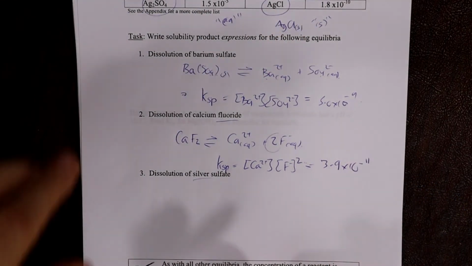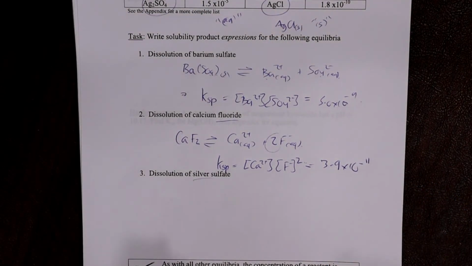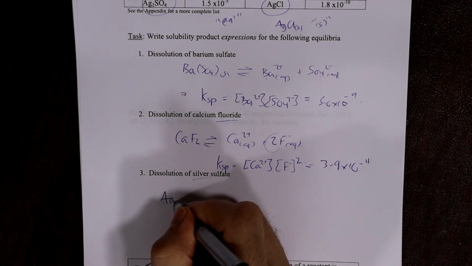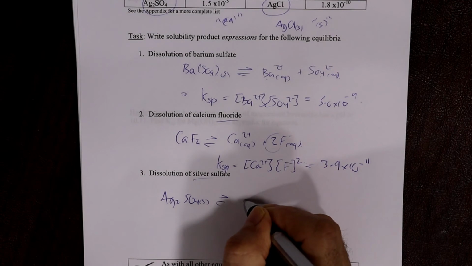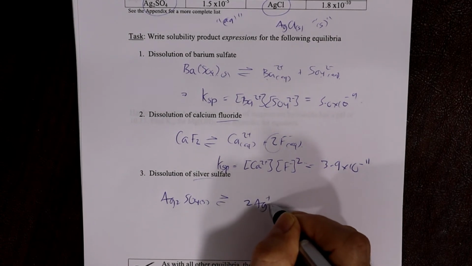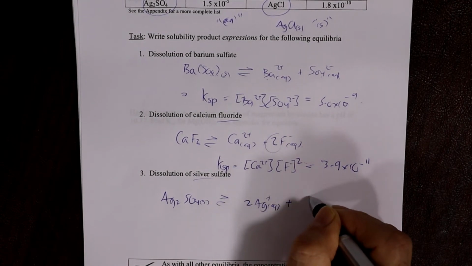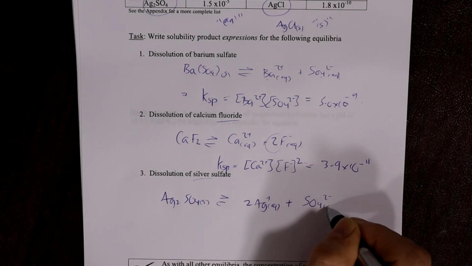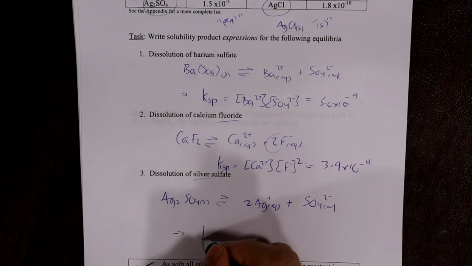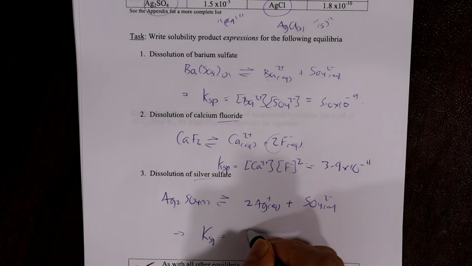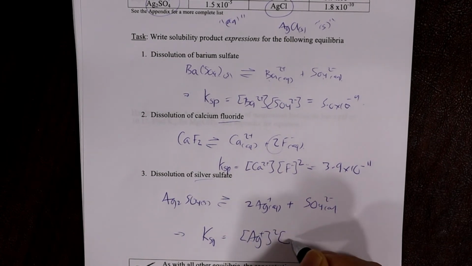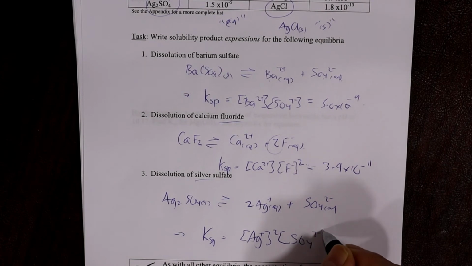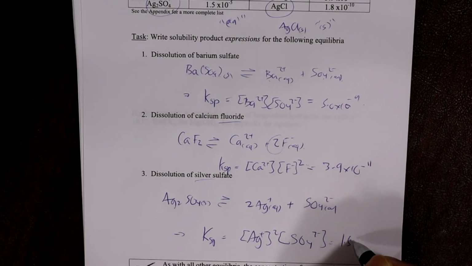Finally, silver sulfate, Ag2SO4. Careful, 2 Ag plus and SO4 2 minus. KSP equals Ag plus squared times SO4 2 minus, which equals a number.